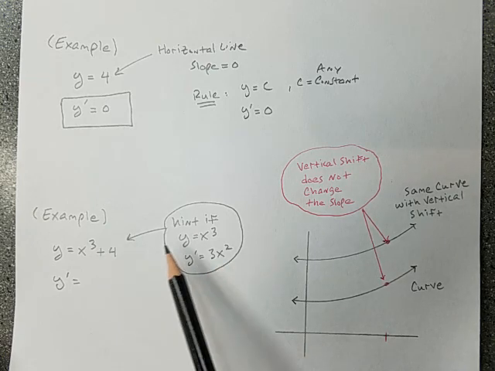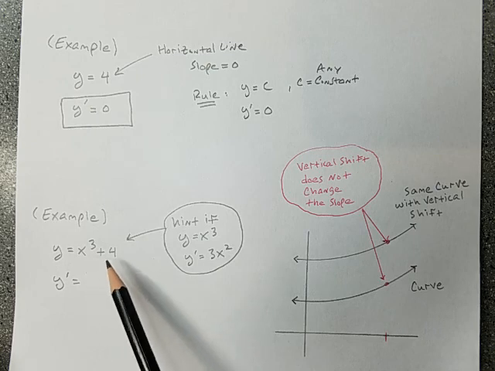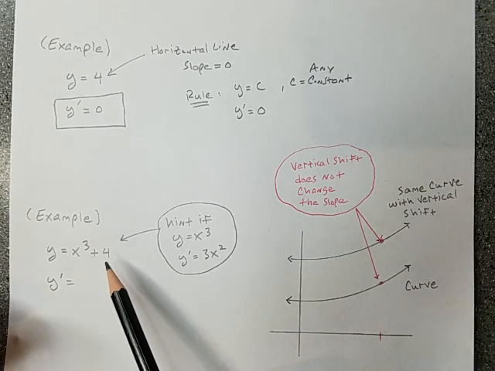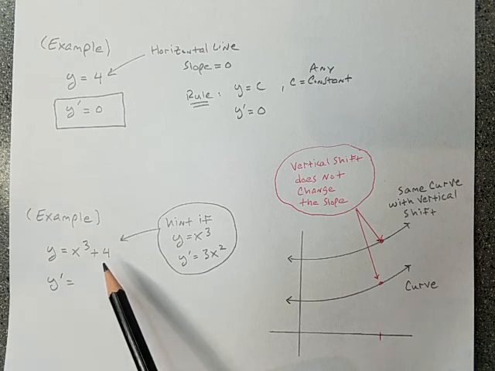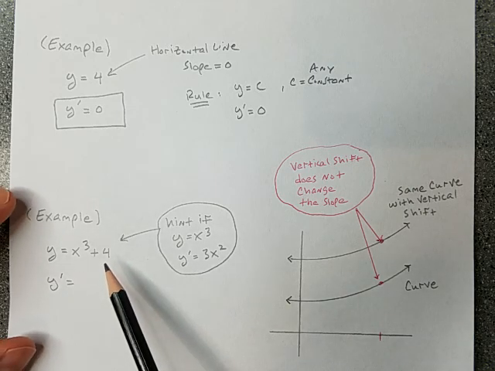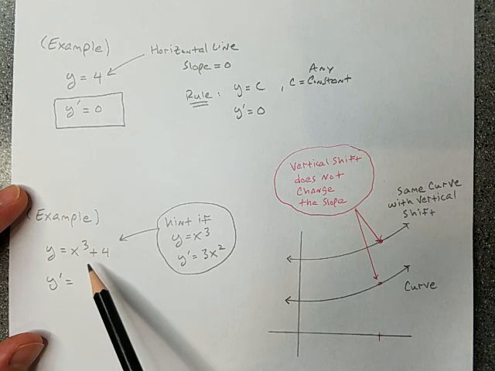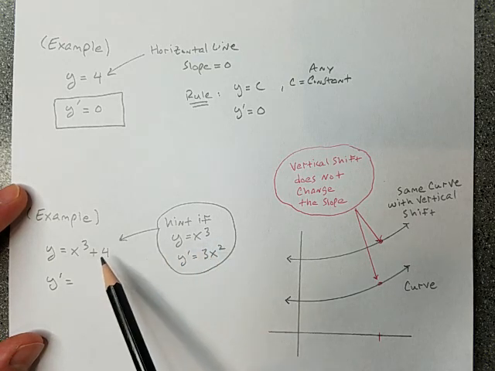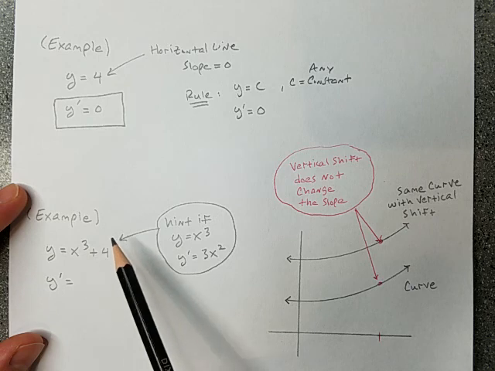So what's the difference between x to the third power and x to the third power plus 4? If you were thinking about this in terms of geometry or in terms of a graph, you would say this graph has the same shape as that one. It's just that this one has a vertical shift up of 4 spaces.